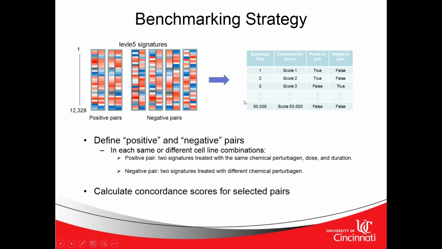And then we pick these 50,000 pairs, for each set we calculate the concordance of these pairs, and then we construct ROC curves for each set and each combination of different methods, and finally summarize all this area under the curves in a heat map like this shown here.